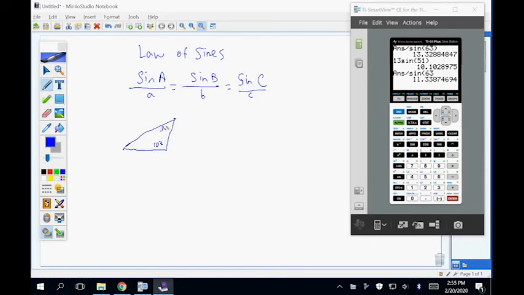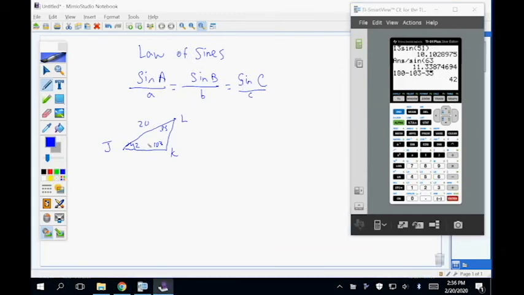This angle up here is 35. This side is 20. And we have triangle JKL. Figure out what this angle is. Subtract those from 180. 180 minus 103 minus 35 equals 42.